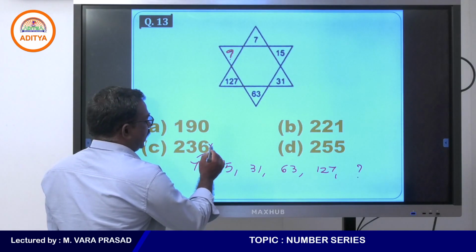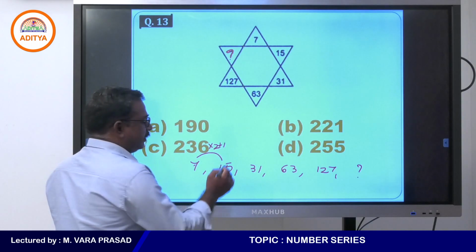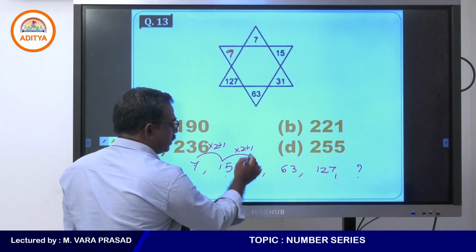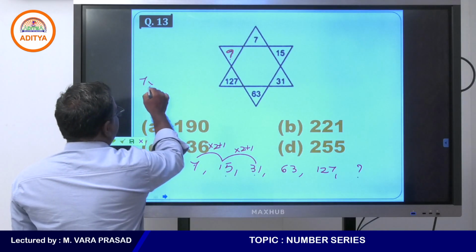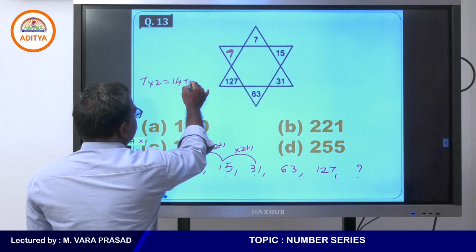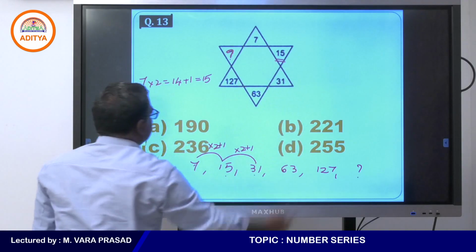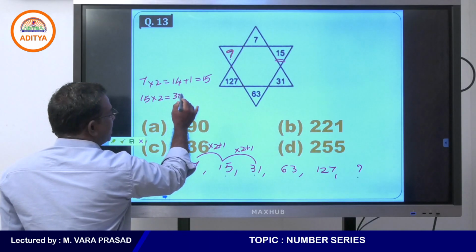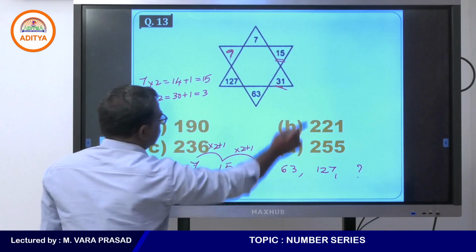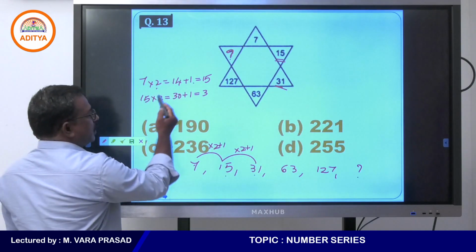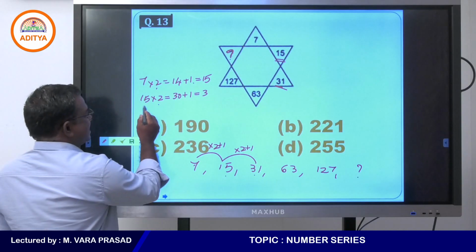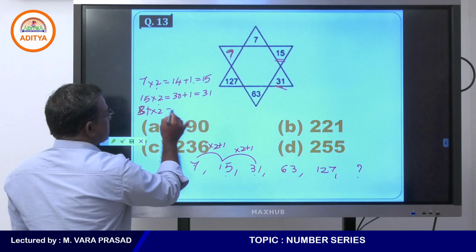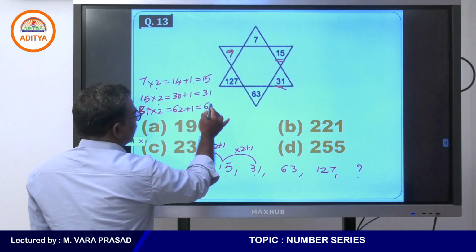7 into 2 is 14, 14 plus 1 is 15. 15 into 2 is 30, 30 plus 1 is 31. So what we are doing is into 2 plus 1, into 2 plus 1. 31 into 2 is 62, plus 1 is 63.